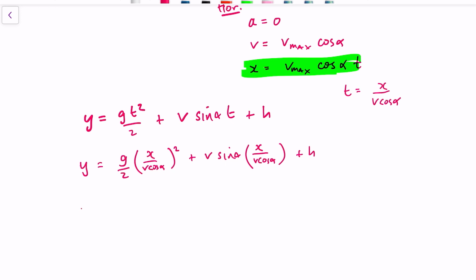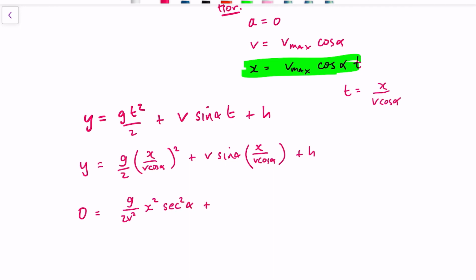So if I make y equals 0, that's when it hits the ground. And then I also tidy up this expression, because I've got g over 2v squared, I've got x squared, and then I've got cosine alpha all squared there, but in the denominator, so technically that's sec squared.